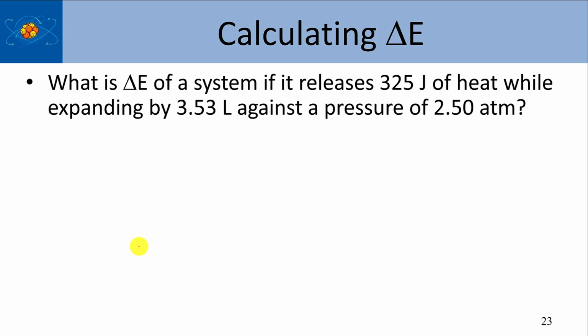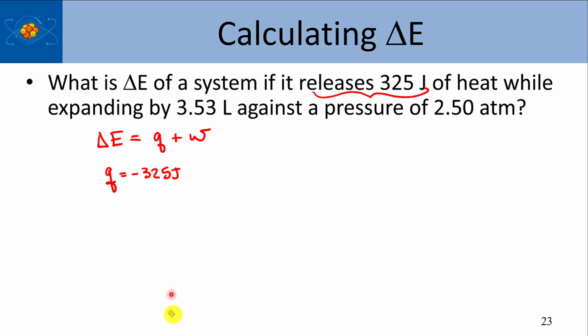Okay, let's break this down. I want to know delta E, and I know that's Q plus W. If the system is releasing 325 joules of heat energy, that means my Q is negative 325 joules. That's the energy lost by the chemical reaction.